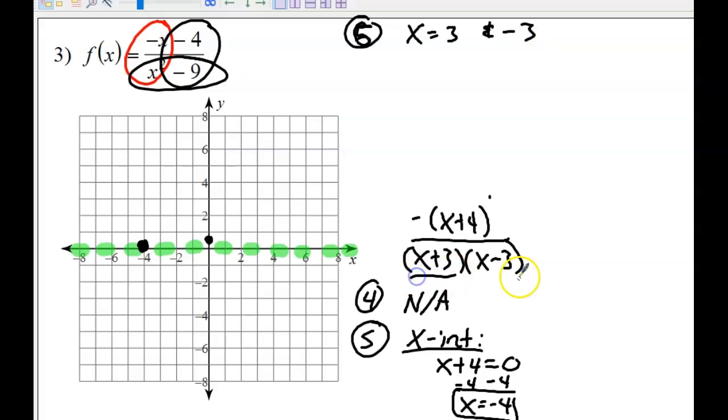If I set both of these equal to 0 and solve, I'm going to get two vertical asymptotes, one here and one here. So let's draw those on. So you're not allowed to touch a vertical asymptote, but you can touch a horizontal one.